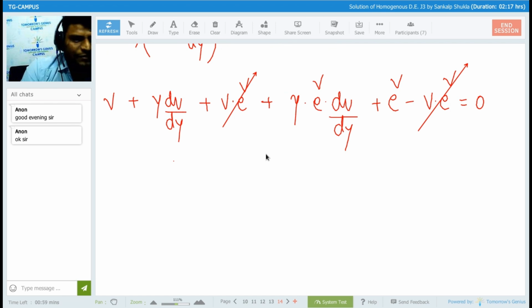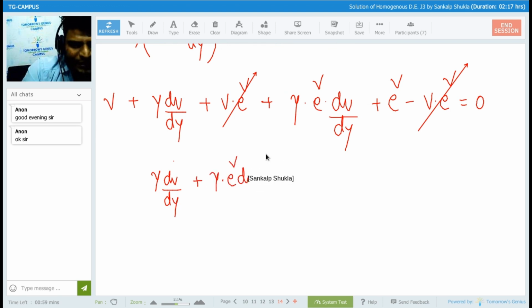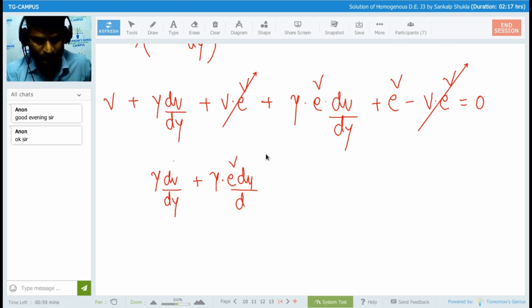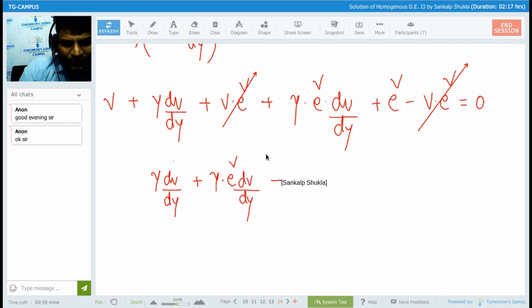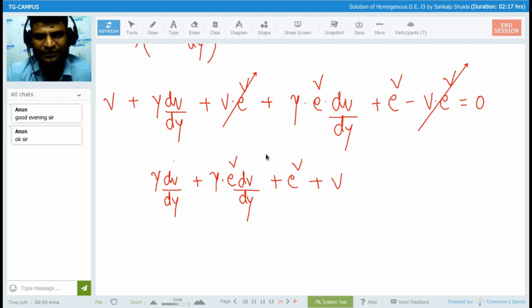From here, what are the remaining terms? See, y dv by dy we can write over here, plus y into e raised to the power v dv by dy we can write. And plus e raised to the power v is there, and plus v is there. Only these 4 terms are there.